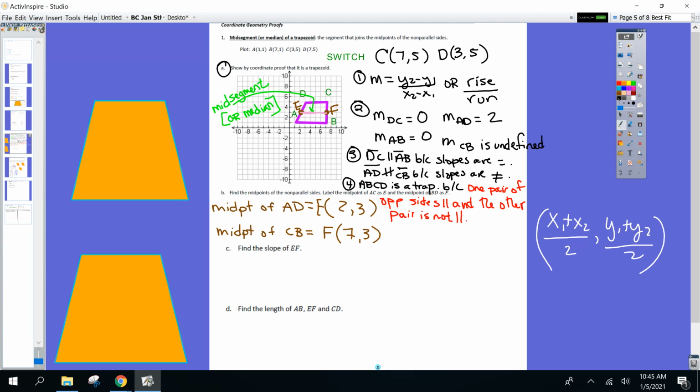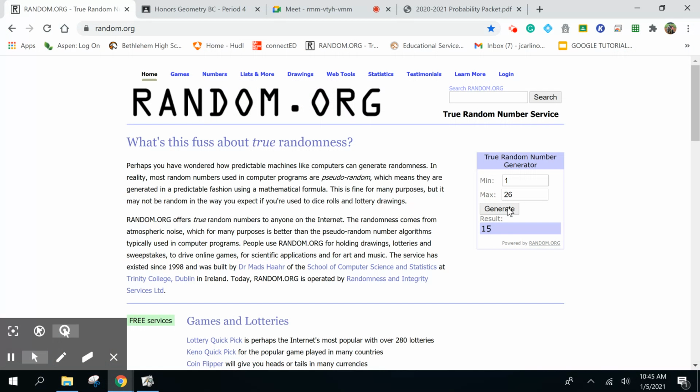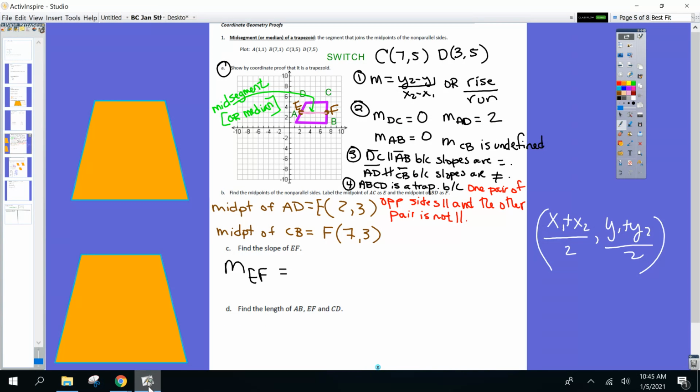What's the slope of EF? Oh, this should be quick, right, kids? Slope of EF, we just discussed it up above. It's a horizontal line, so what's your slope of EF? Atticus, what's the slope of EF?